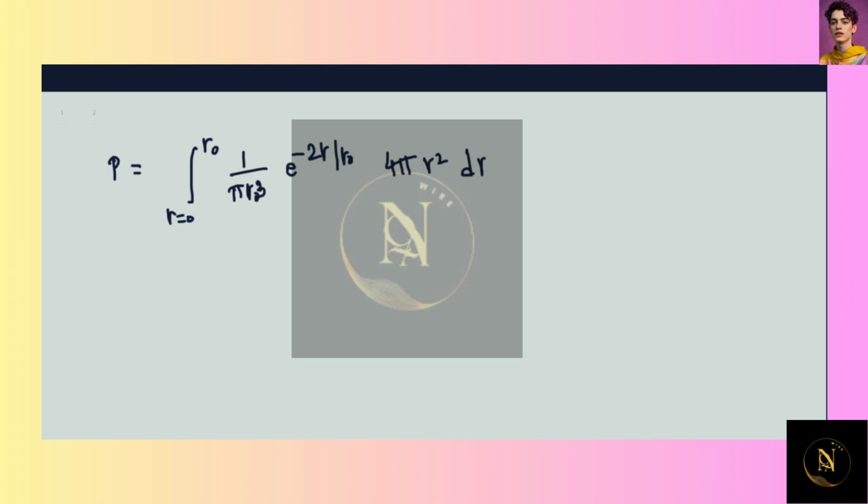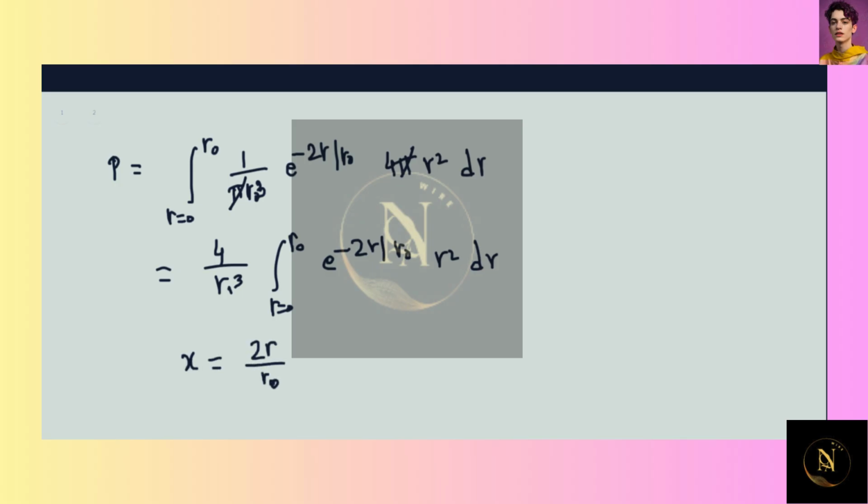Now I'm just going to cancel the pi's and take the constant out of the integration, and we have P equals 4 over r naught cubed integral of e to the power minus 2r over r naught times r square dr. Now this integration can be made easy if we substitute x for 2r over r naught.